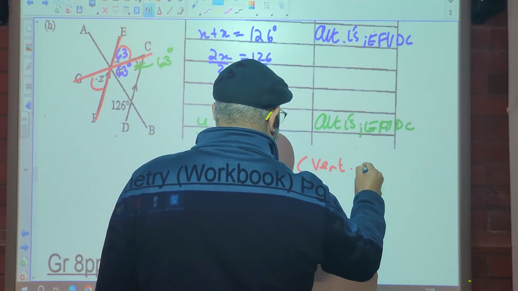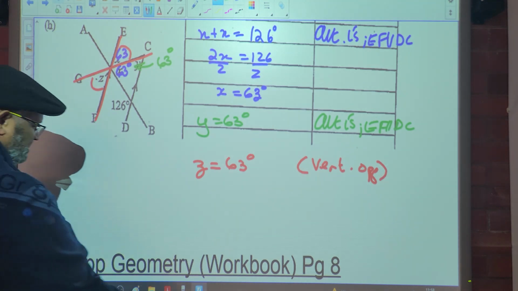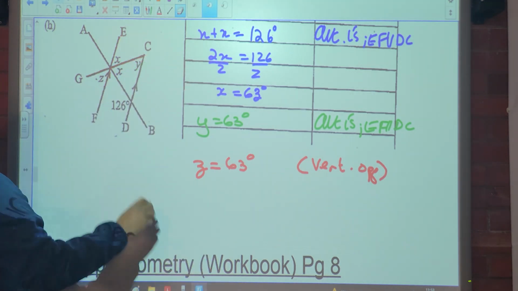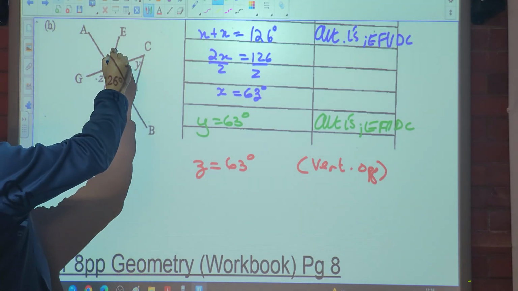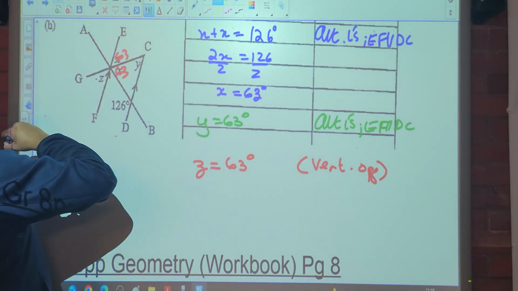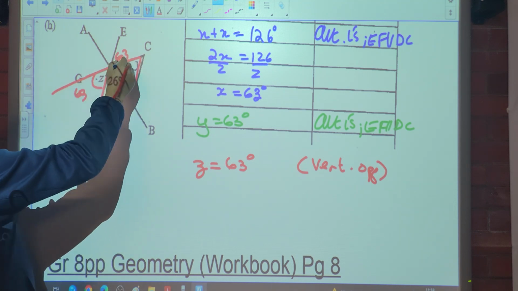So you got vertically opposite. Okay, what did you do, Aya? You calculated the X and then the other X. So you got 63. And then I said that Z is vertically opposite, and then I did corresponding. Absolutely.